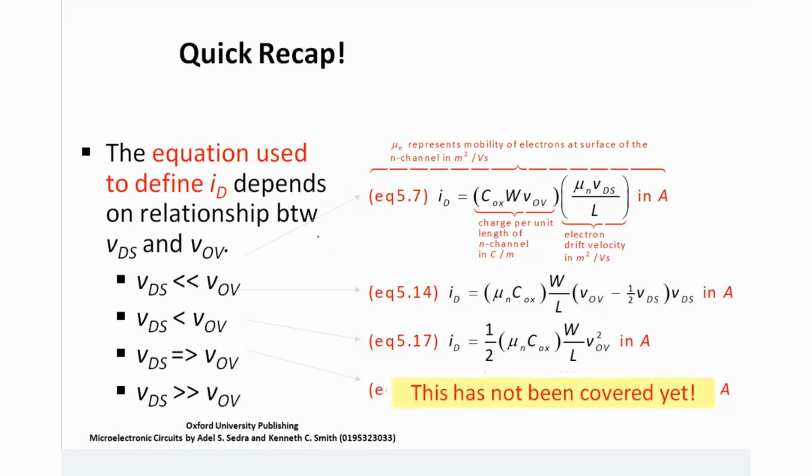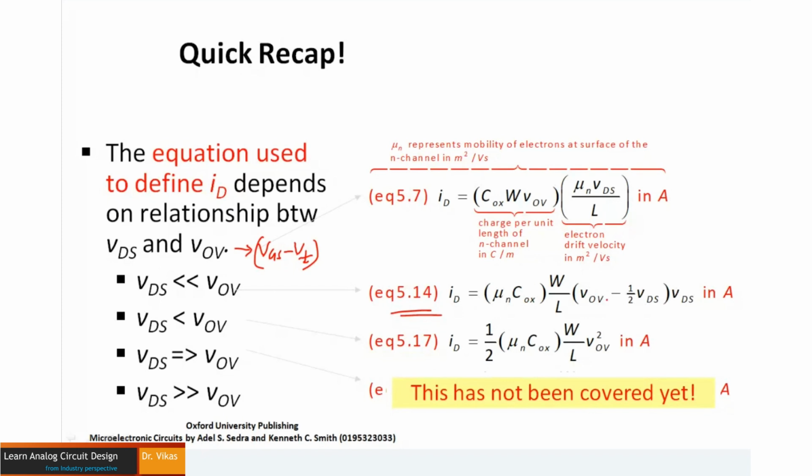Here, these are the set of equations which define the ID relationship between VDS and VGS. And here VOV indicates VGS minus VT. This is a reference slide which I have taken from the Sedra and Kenneth Smith textbook, so that's why the equation numbers are represented that way.